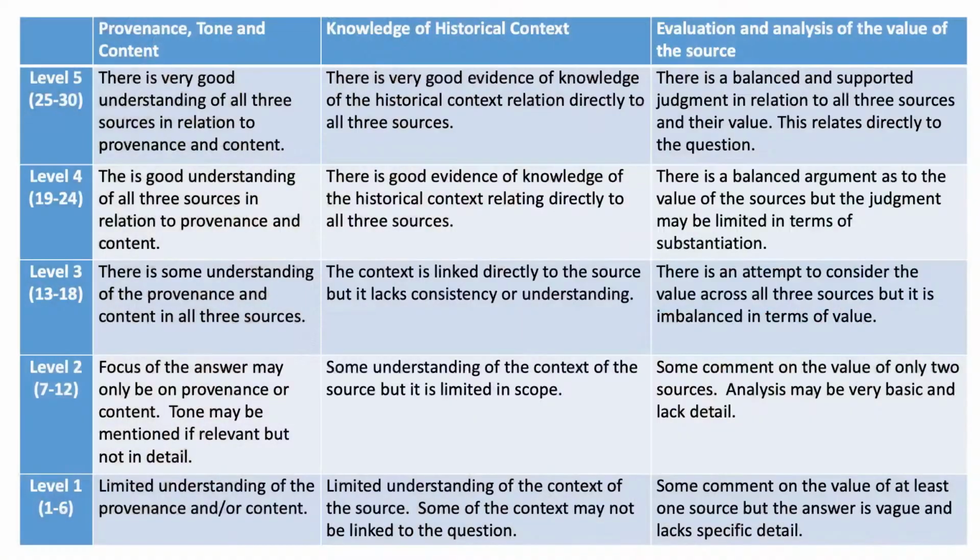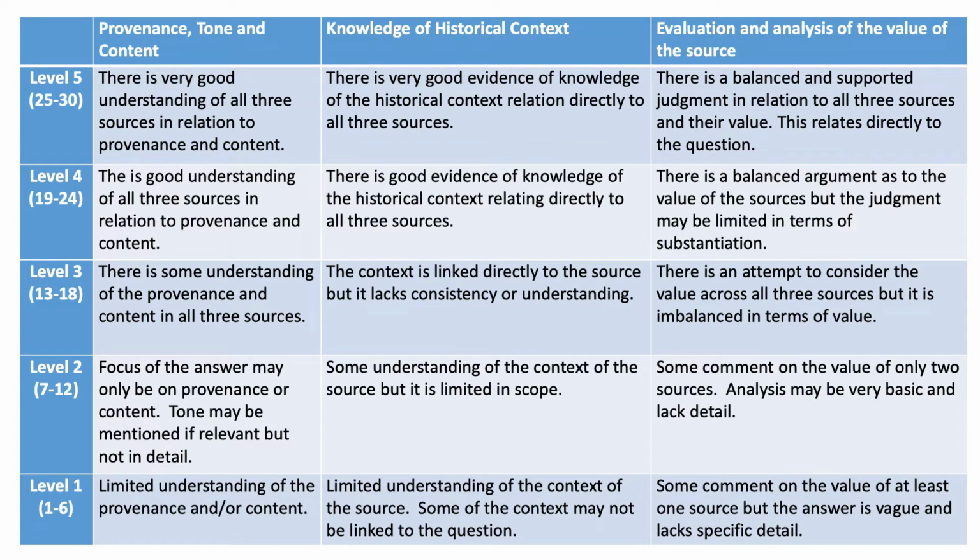Now, what I've shown you is a mark scheme. This is a general mark scheme that would cover any of the sources. What I would suggest is you pause this video now and take in what you can see in front of you. You will be able to see how, at each level, you are required to produce more content or more detail.